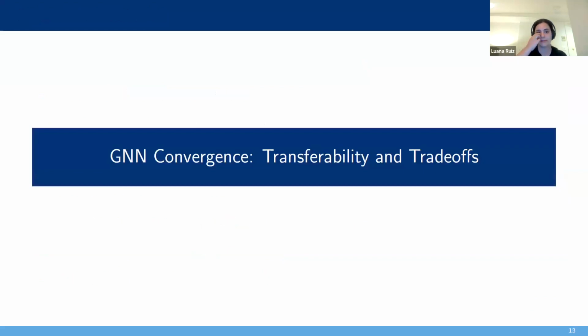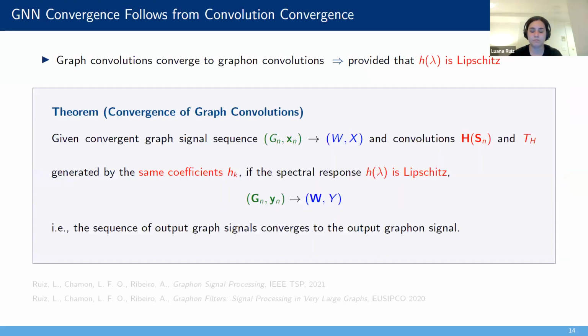So now that I have introduced these preliminary definitions, let me talk about the convergence analysis of these graph neural networks and what we found when we looked at their convergence. First of all, in order to establish that result, what we really need to look at is the convergence of the graph convolution, right?